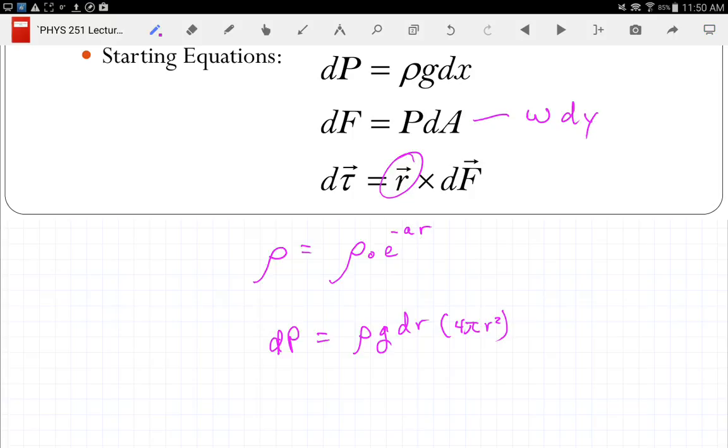And then I would have to do my integral from infinity down to the height I want. The upper limit would be infinity and the lower limit would be the height I want.